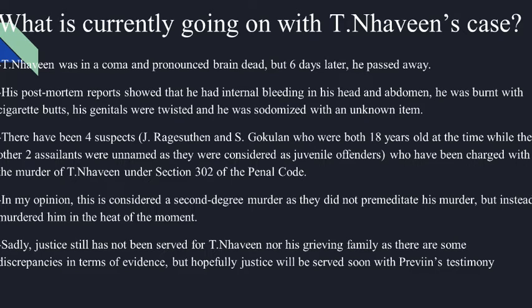In my opinion, this is considered a second-degree murder, as they did not premeditate his murder, but instead murdered him in the heat of the moment. Sadly, justice still has not been served for Haven nor his grieving family, and there are some disparities in terms of evidence, but hopefully justice will be served soon with Previn's testimony.